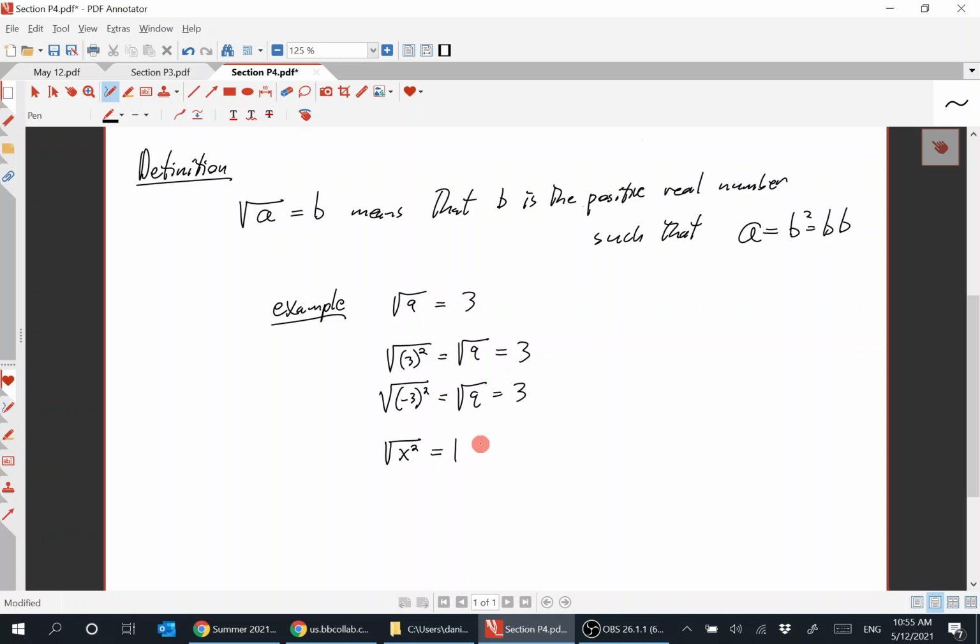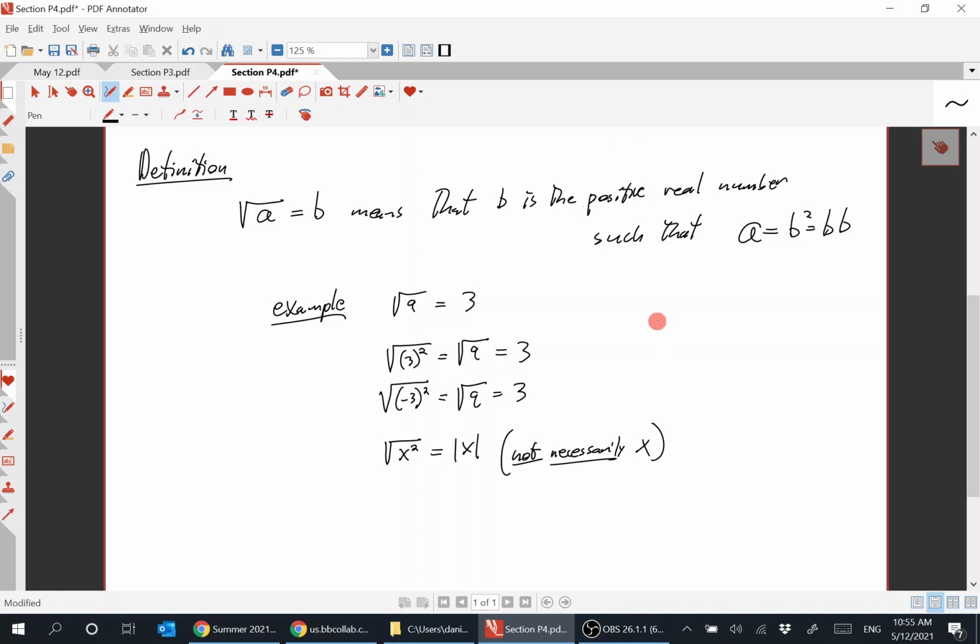It's the absolute value of x. So the square root of x squared is not necessarily x itself. For example, when x is negative, the square root of x squared is not x, because x was negative, and square roots are always positive.